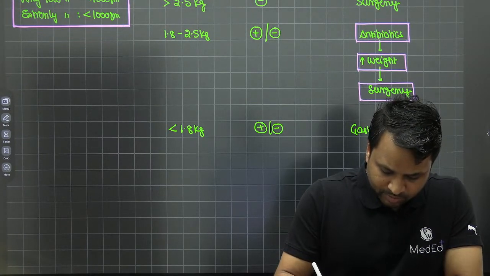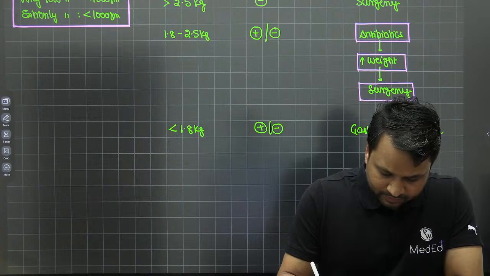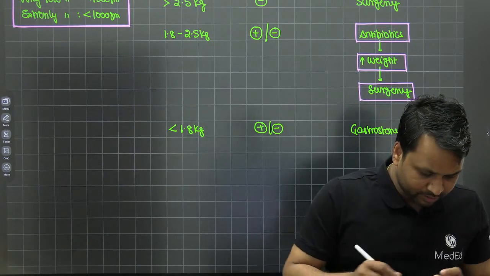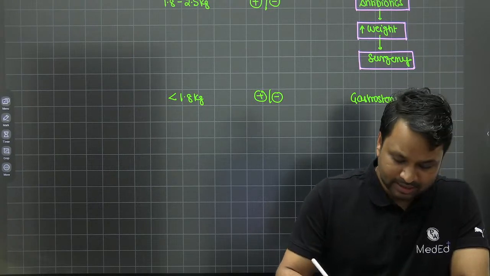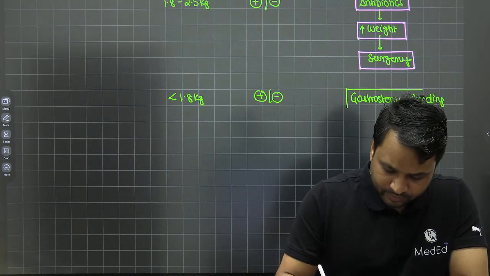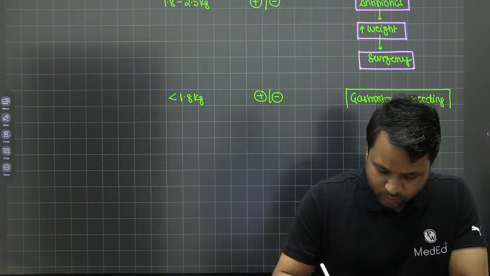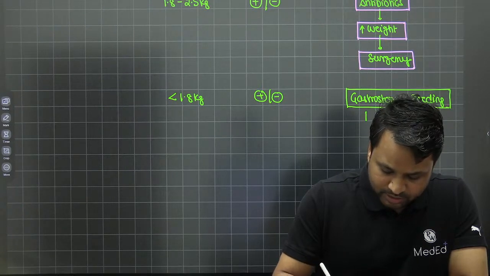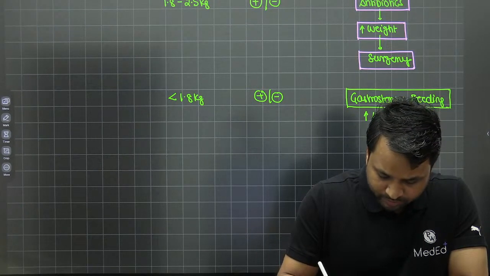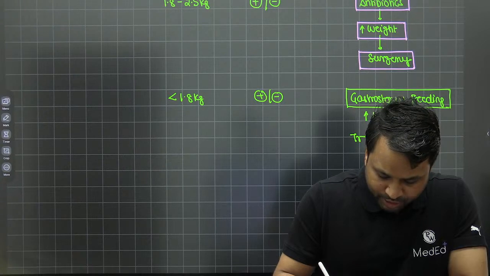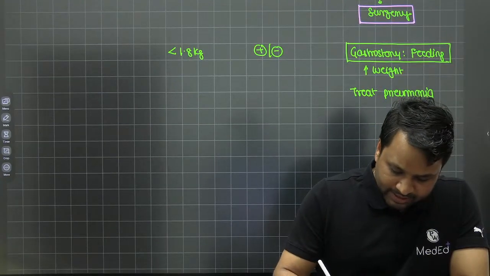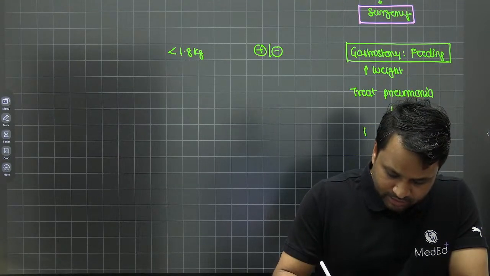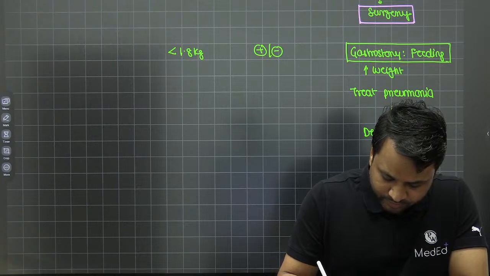That is for feeding purposes, to increase the weight of the baby and get to my desired weight line. Then if pneumonia exists, treat pneumonia and then take the patient for surgery. But here we'll do a delayed surgery.